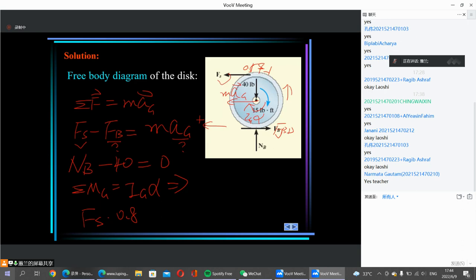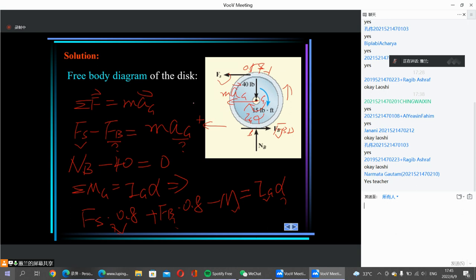Or maybe we can calculate the moment about B; later on we will use that. Taking moment about the mass center, Fs times 0.8, and Fb also times 0.8, and minus the moment given, is equal to IG alpha. Here IG is given, the moment is given, Fs is given, Fb we don't know, alpha we don't know. So how many unknowns are here?